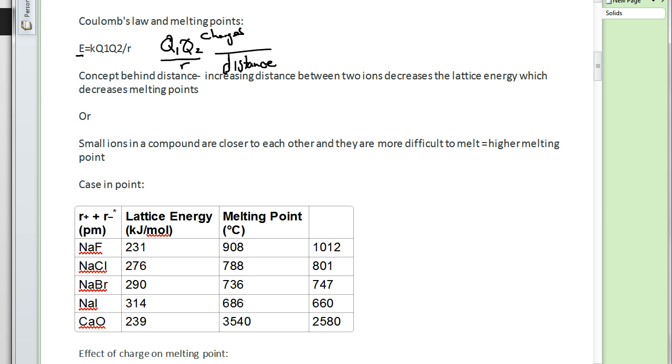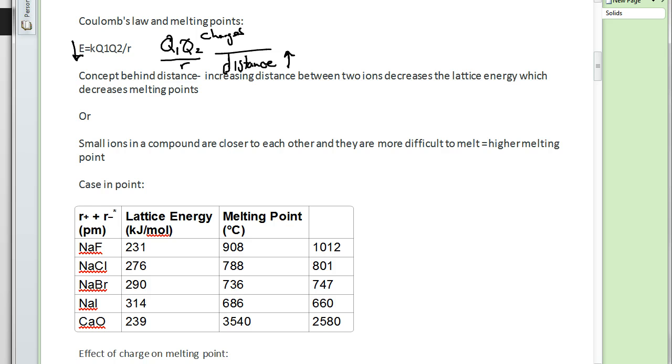As you should be able to see from this fraction, if we increase the distance between two ions, we are going to decrease the lattice energy. We talked about this a little bit before. Because we're increasing a denominator, whatever we're solving for is going to decrease.